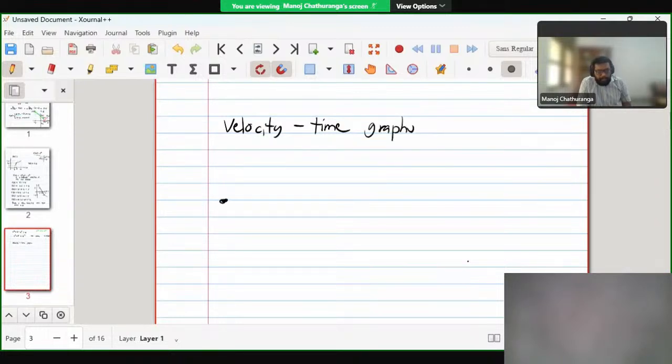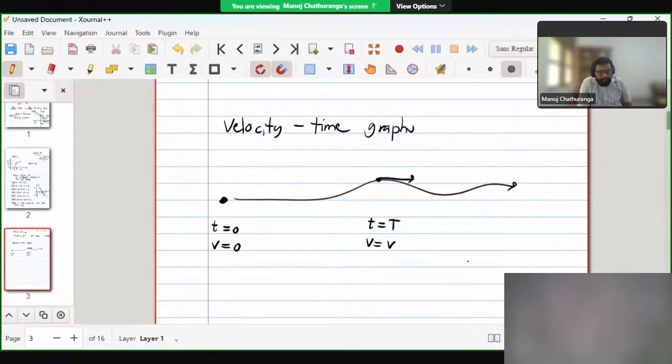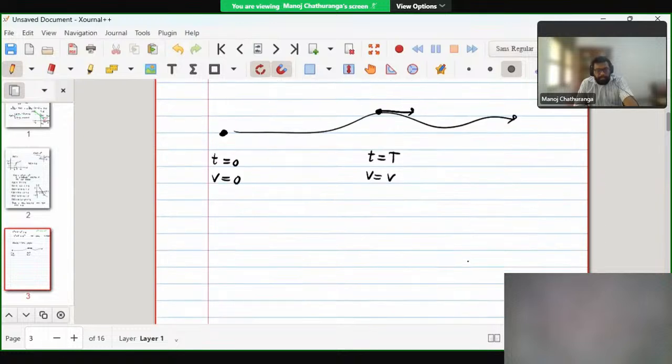So think about some object moving in space. At the very beginning, you can say time equals 0. Somewhere in the middle of the path, you can measure its time, let's say time equals t, and velocity is v. Then you can draw the velocity time graph.